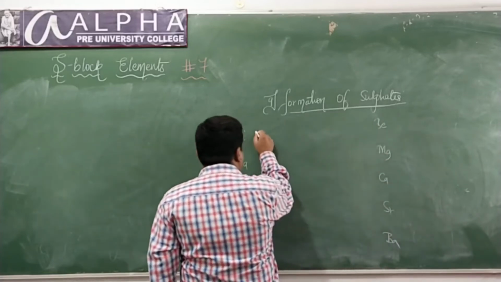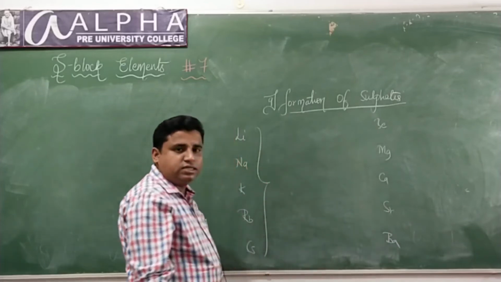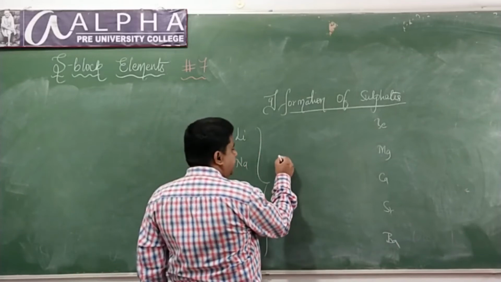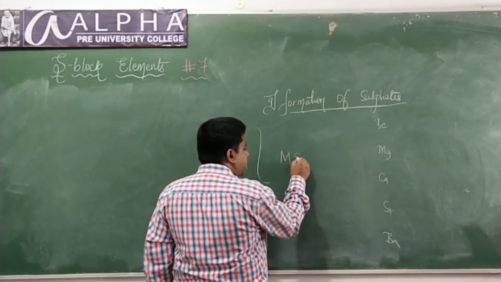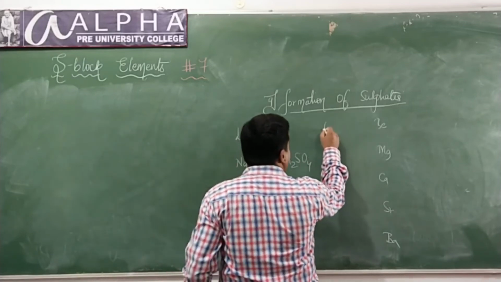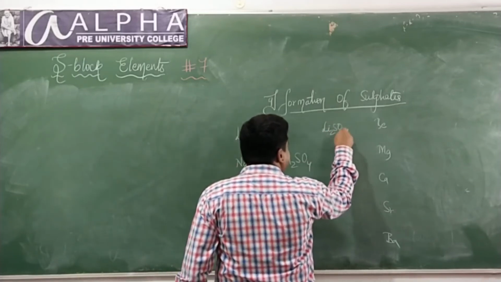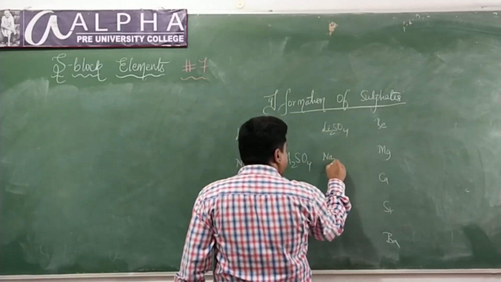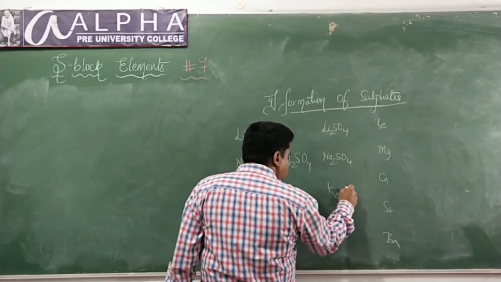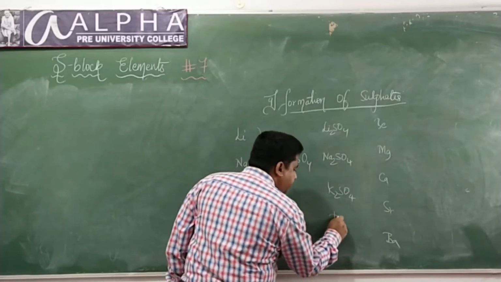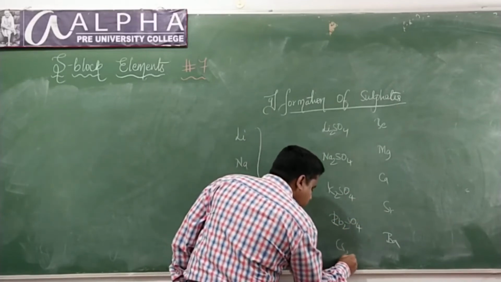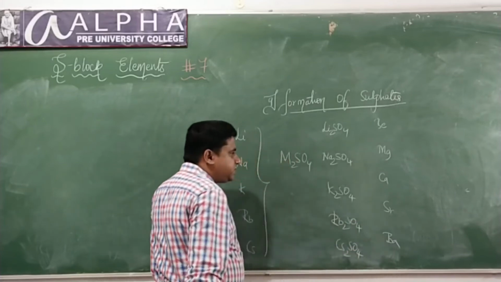All the alkali metals will form sulfates of the type M2SO4, like Li2SO4, lithium sulfate, Na2SO4, sodium sulfate, K2SO4, potassium sulfate, Rb2SO4, rubidium sulfate, Cs2SO4, cesium sulfate.